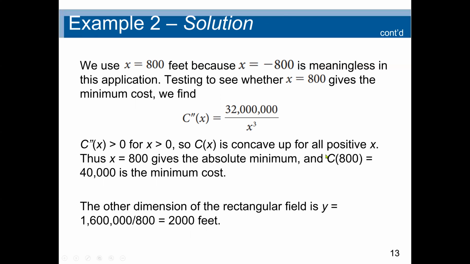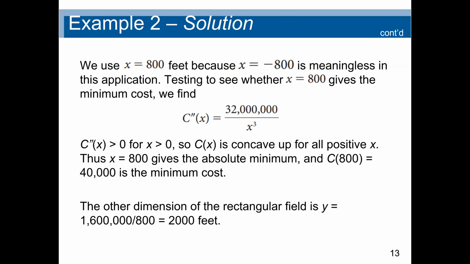Now, if I'm looking for whether it's a relative minimum or maximum, then I can plug the critical value into the first derivative function. Or in this case, if I want to check if the function is concave up or down, then I will find the second derivative and plug the critical value into the second derivative.